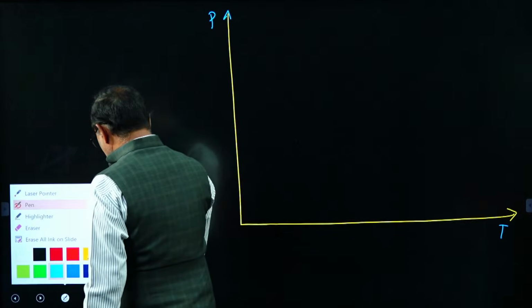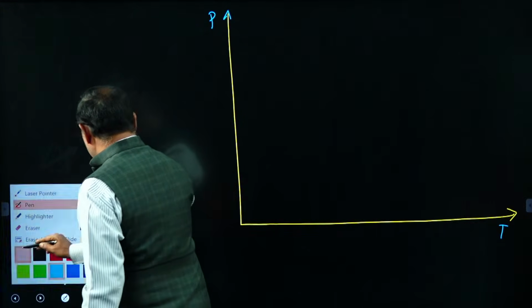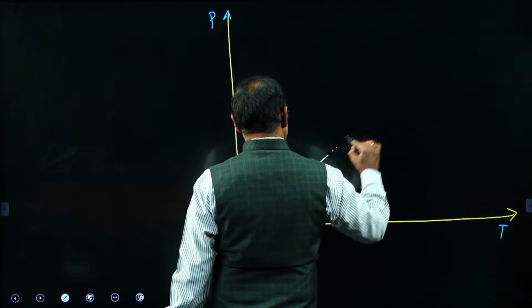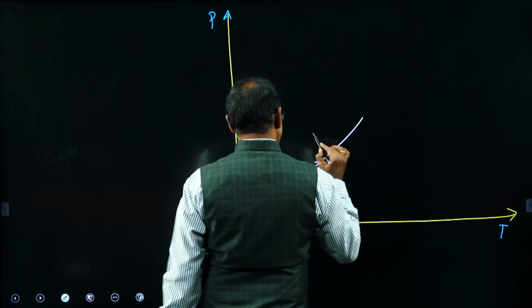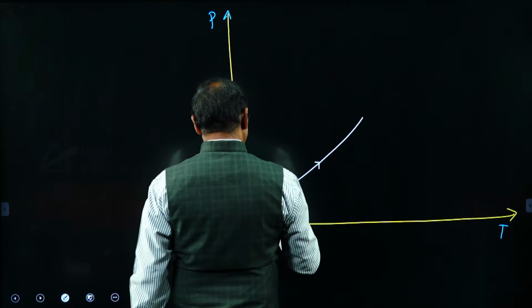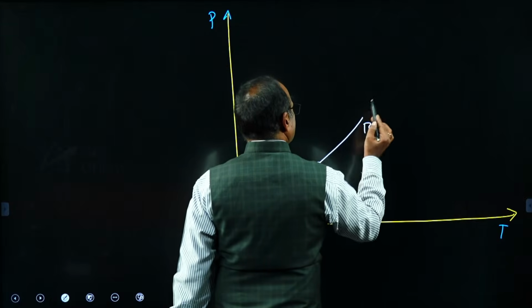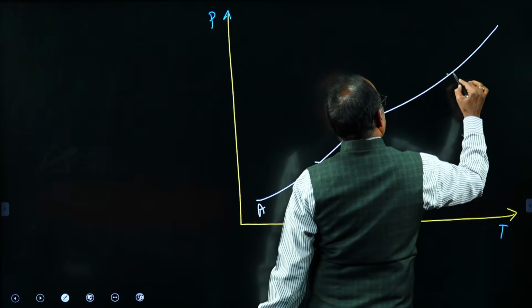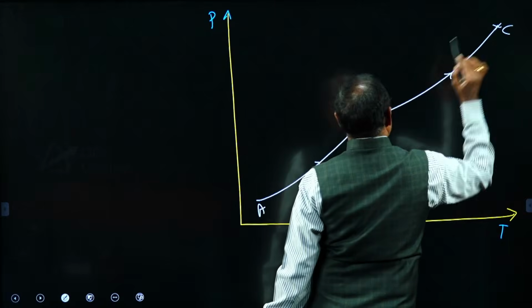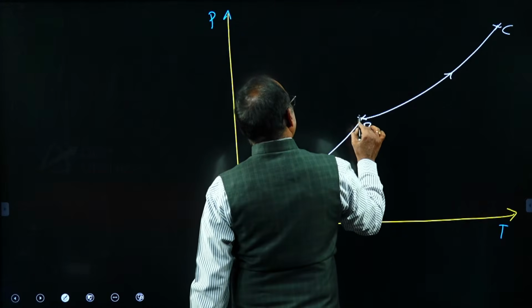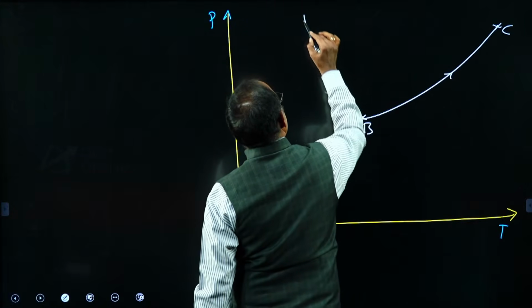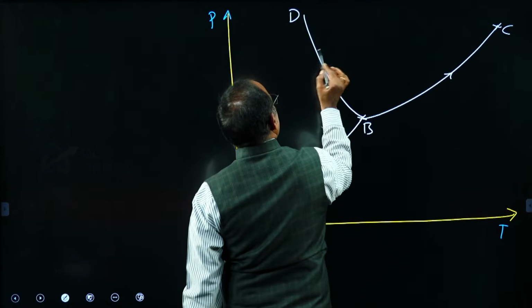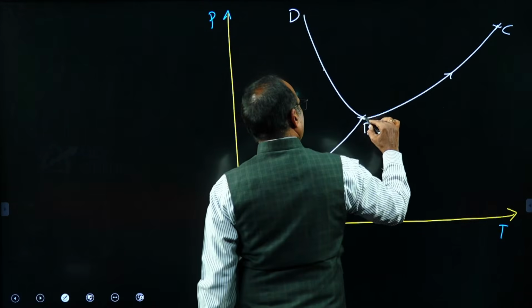There are three curves which meet only at the triple point state. A to B is the sublimation curve, B to C is the vaporization curve, and B to D is the melting curve for water.